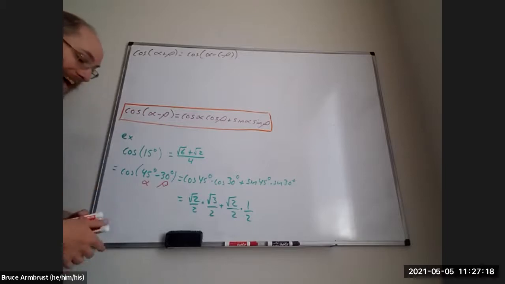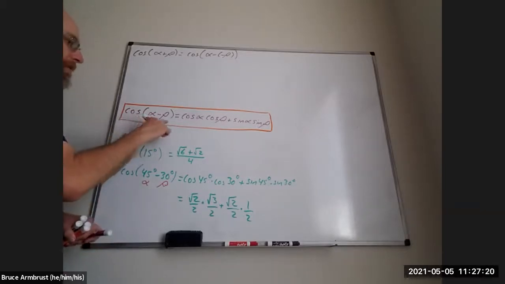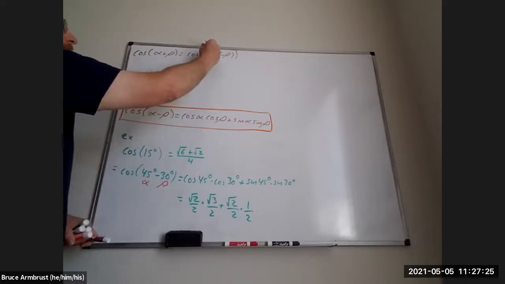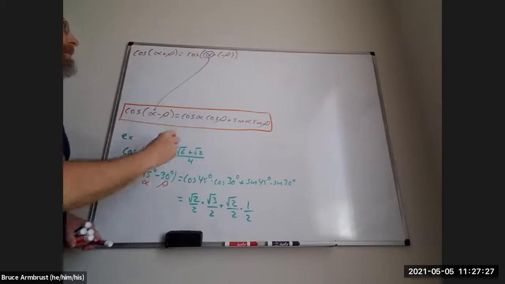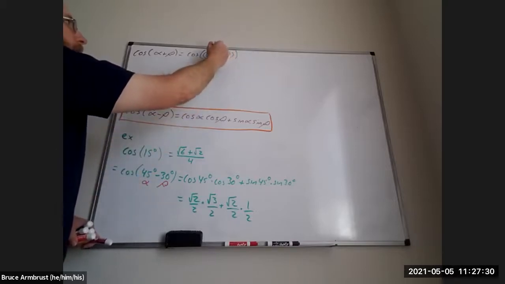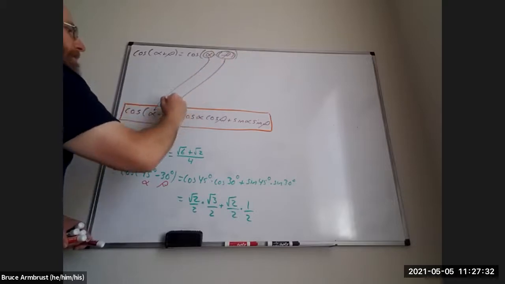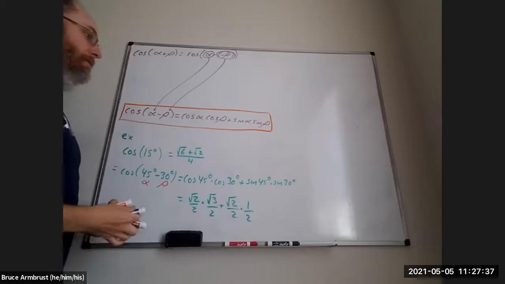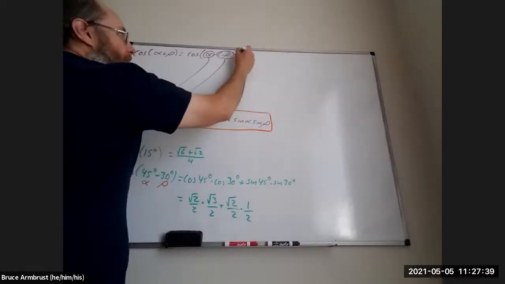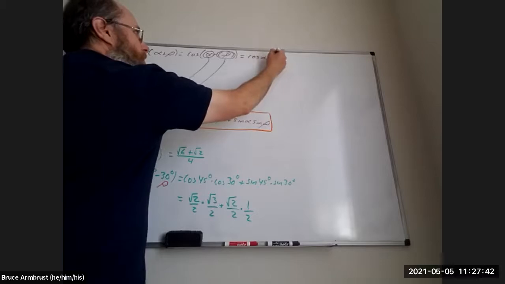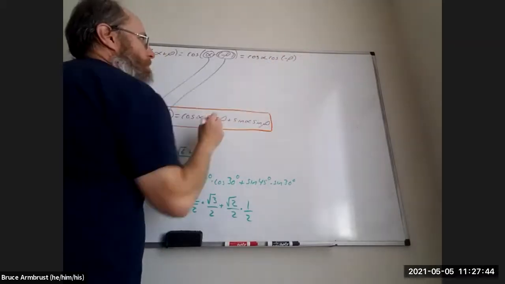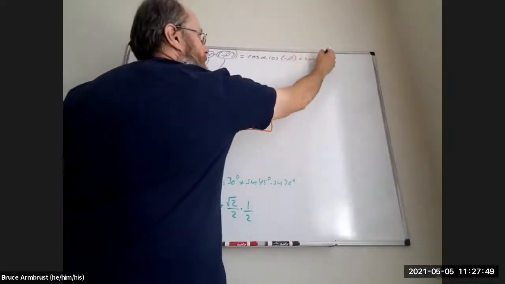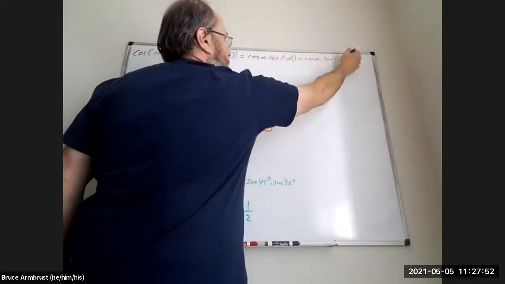Now, the reason I did that is because we can now make use of the difference of angles identity, right? Alpha, well, that's still alpha. But now we're going to plug in negative beta where the beta goes. So this is going to look like cosine of alpha, cosine of negative beta, plus sine of alpha times sine of negative beta.